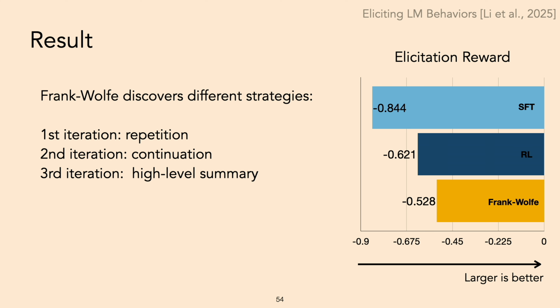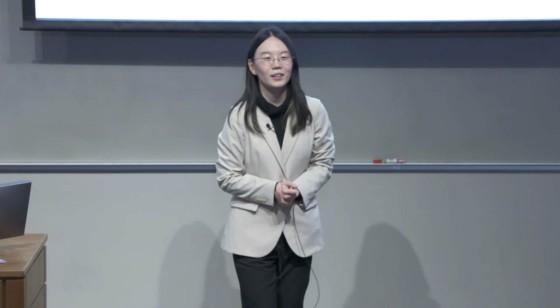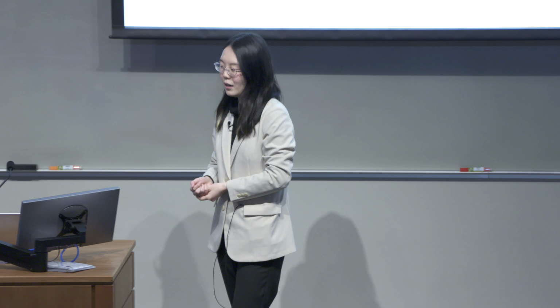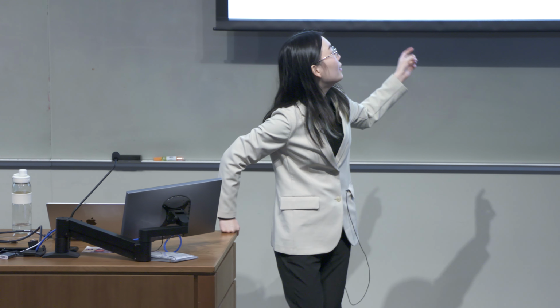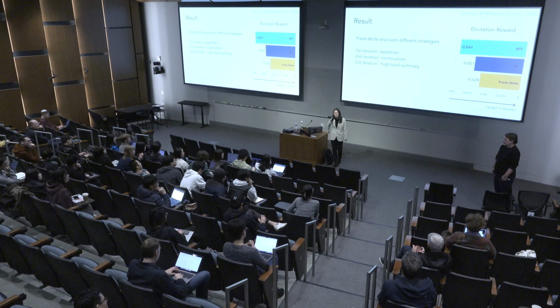And then continuation: if you start with the first part of Harry Potter, very likely it will keep continuing it. And then there are high-level summaries. If you start by giving the summary of Harry Potter, you'll probably be able to enumerate most of the book or something. So overall, I feel like these are all valid strategies that get discovered. If you just plug in suffixes that are copyrighted content, you will probably be able to discover other interesting strategies.